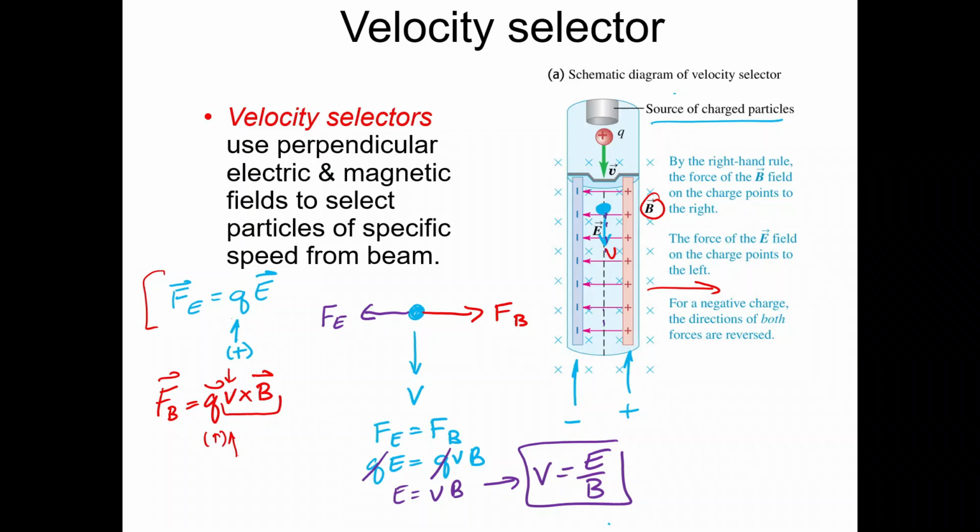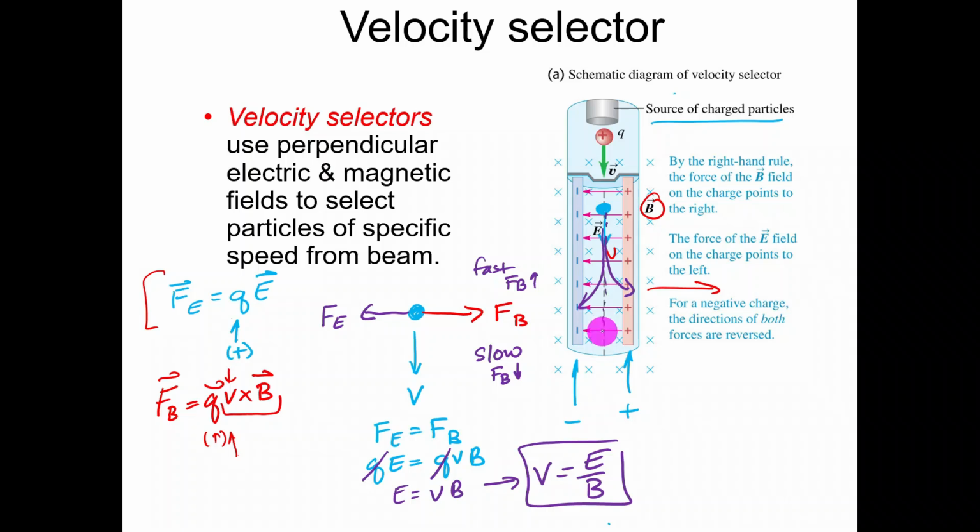So what happens if it doesn't have that speed? Well, if it's going too slow, then your F_B is going to be too small, which means your electric force is going to take over and it's going to curve and hit the plate. If your particle is going too fast, your F_B is too big, so your rightward force is going to be bigger and it's going to hit the positive plate.